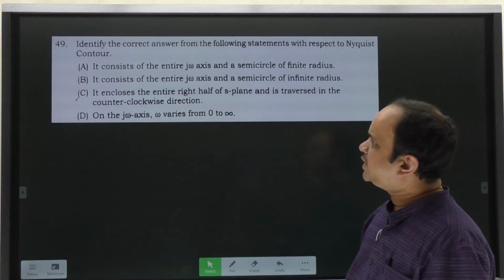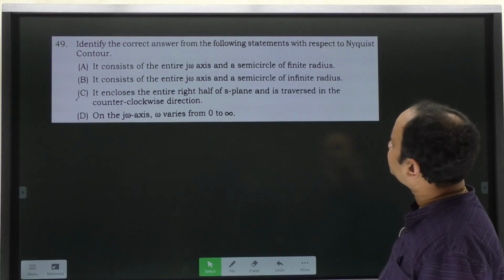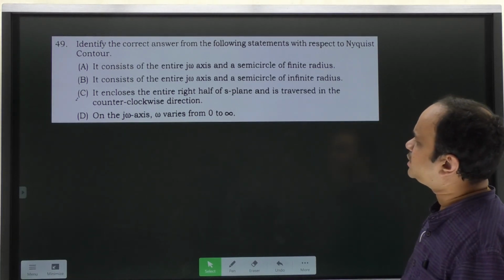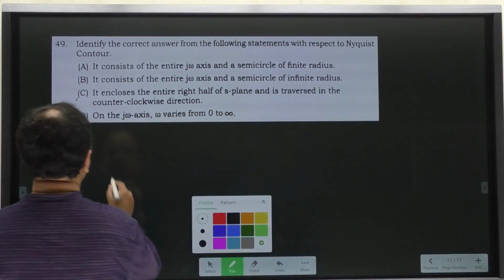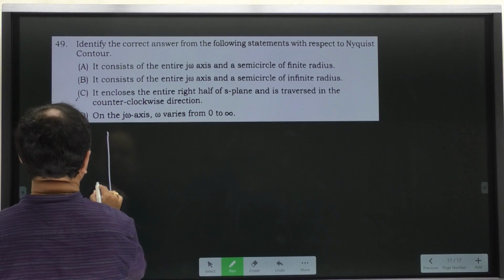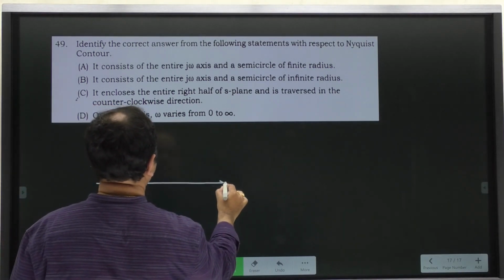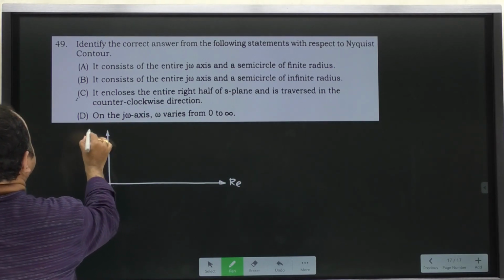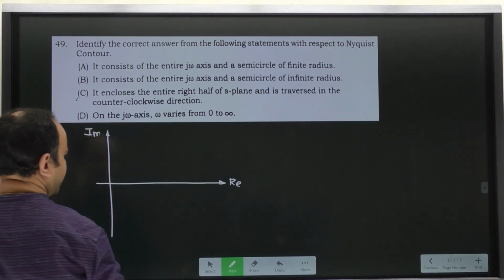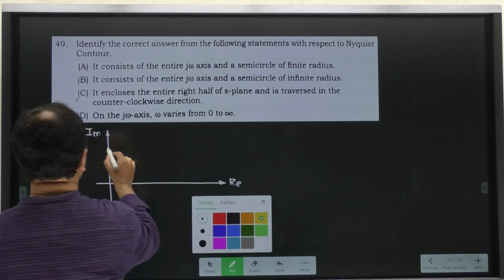Now identify the correct answer from the following statements with respect to the Nyquist contour. If you simply look at the Nyquist contour, this is the real axis, this is the imaginary axis. So what is the Nyquist contour?